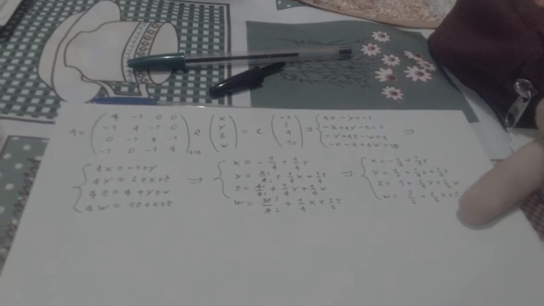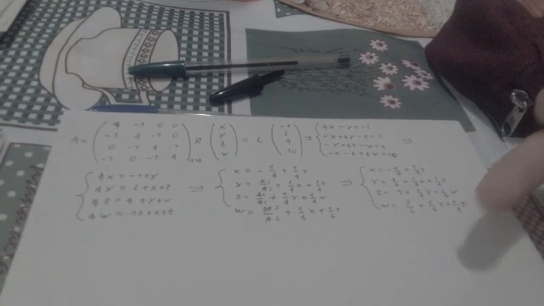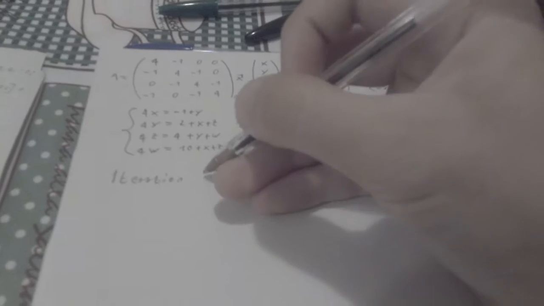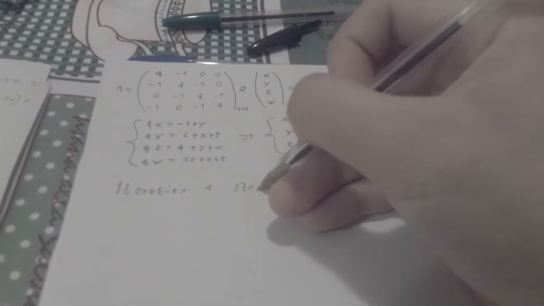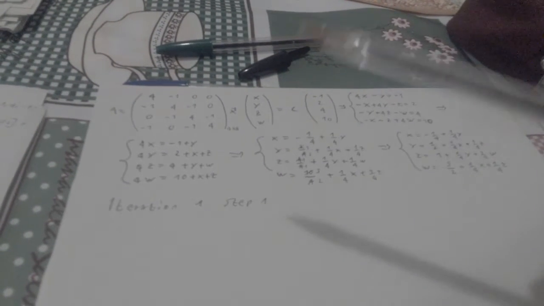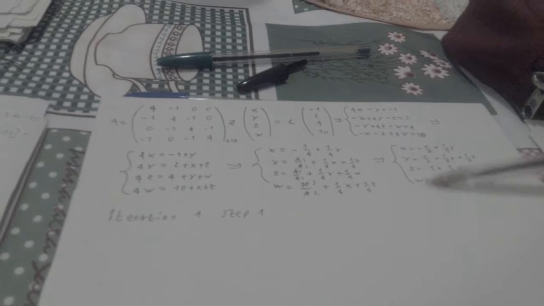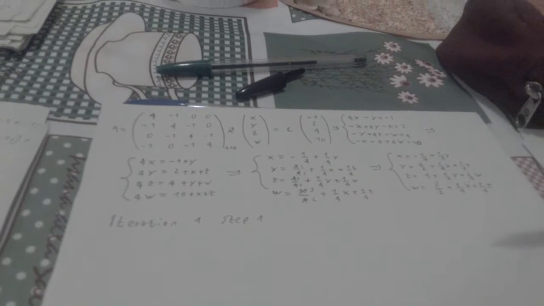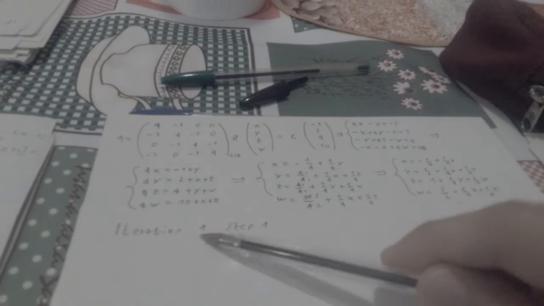From here, I'm going to start with the iteration. Let me write iteration 1, step 1. As I said in the other video, I consider it an iteration whenever I get a full cycle through each variable. People may say, hold on a second, this is not actually an iteration.